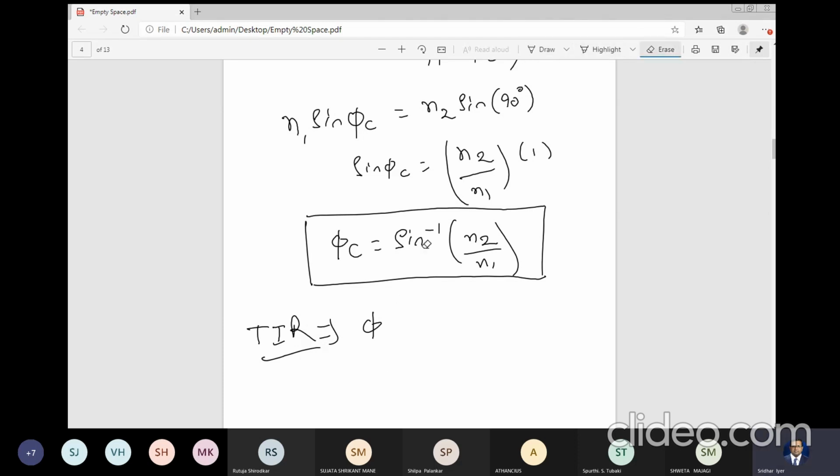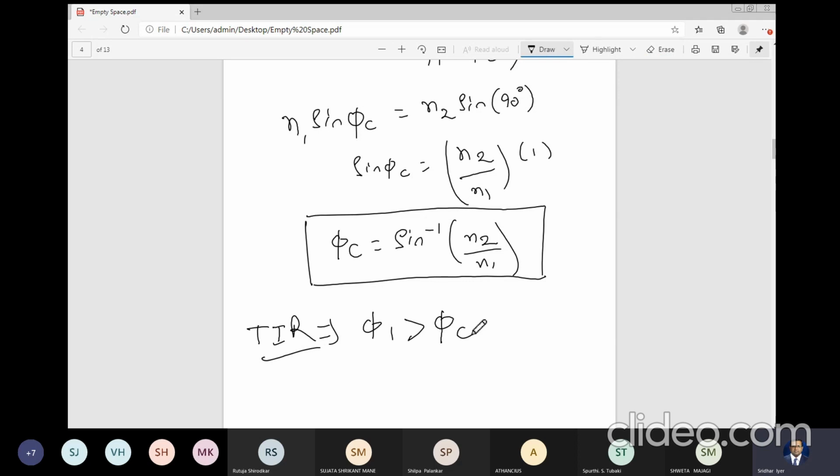If the angle of incidence phi 1 is greater than the critical angle phi c, then we say that total internal reflection occurs, because the light remains only in the denser medium. Because N1 is greater than N2, the material having N1 becomes the denser medium.